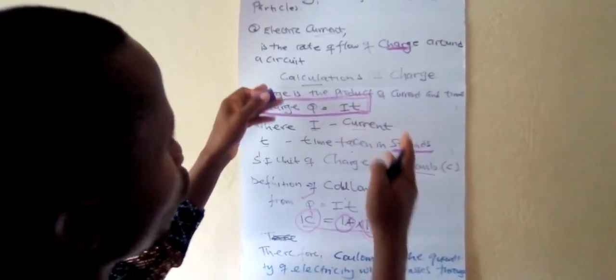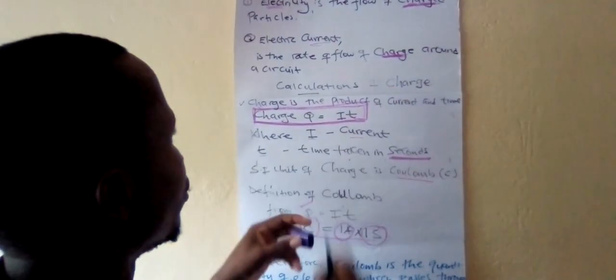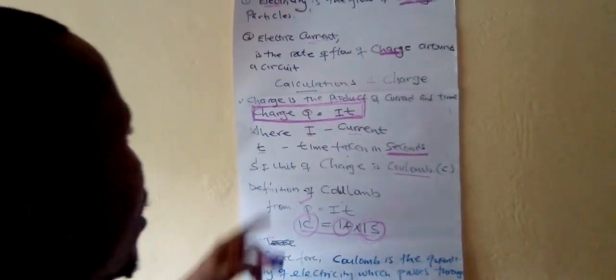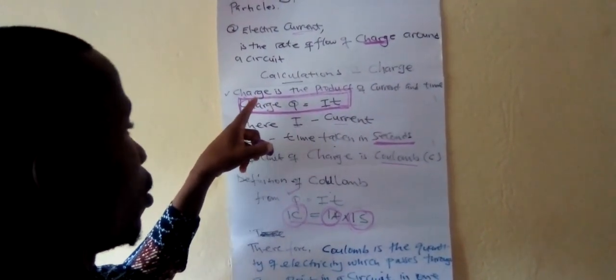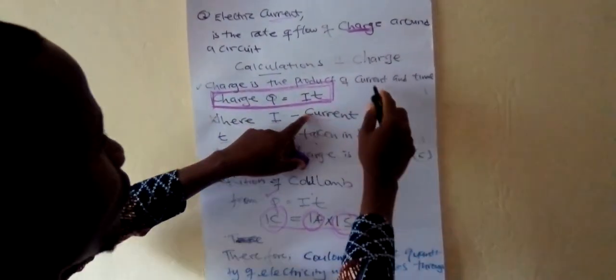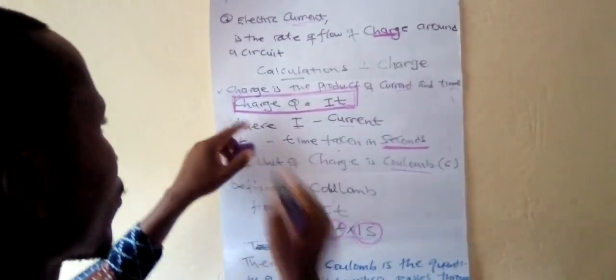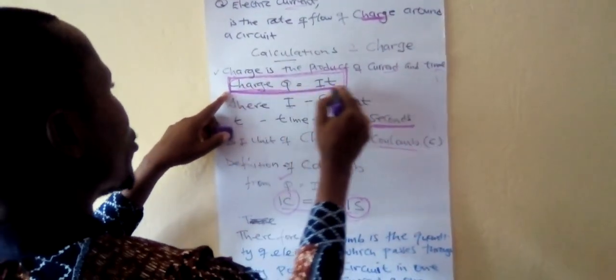Now, we are going to look at how you get charge, calculations of charge. However, before we look at calculation of charge, we need to know what charge is. Charge is the product of current and time.